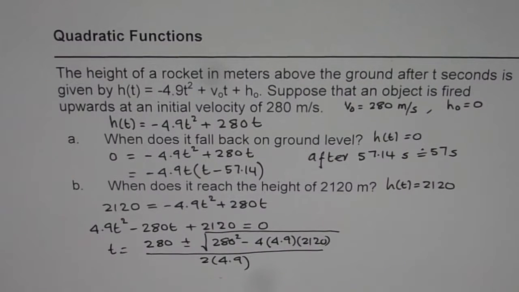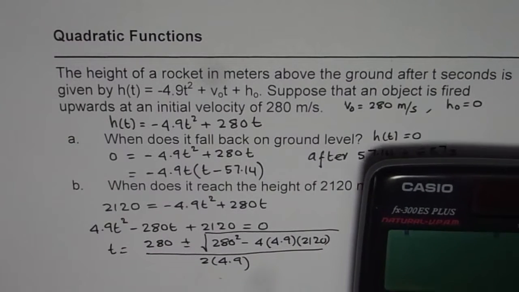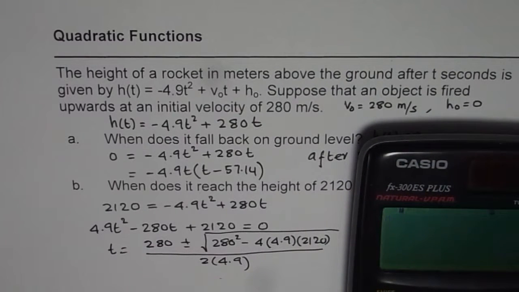So let's use the calculator to find this answer. Within the square root, we have 280 squared minus 4 times 4.9 times 2120, which gives us 28 square root 47.